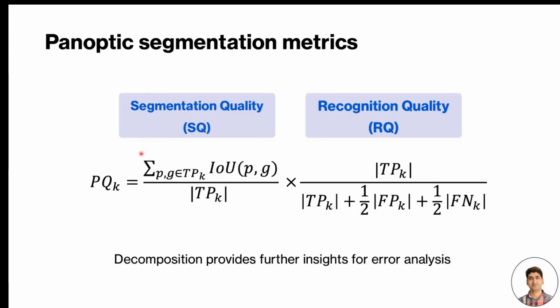The panoptic quality metric can then be decomposed into these two other metrics called segmentation quality or SQ and recognition quality or RQ, and these formulations are given below them. This decomposition is very useful to gain further insights for error analysis.